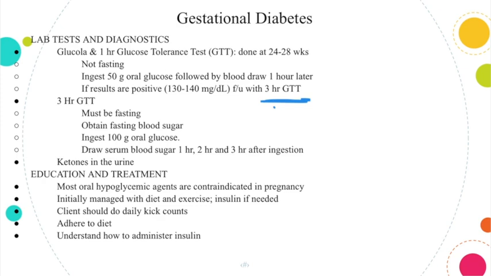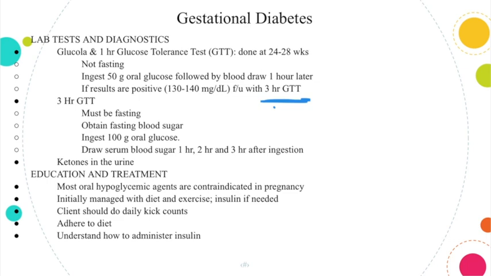So now we're going to go ahead and have to get this scheduled again, but we're going to have a more in-depth test to really make sure that yes or no, this patient has gestational diabetes. So it's a little bit different. For a 3-hour GTT, they've got to be fasting. So with the 1 hour, they don't. So they're going to come to the lab.